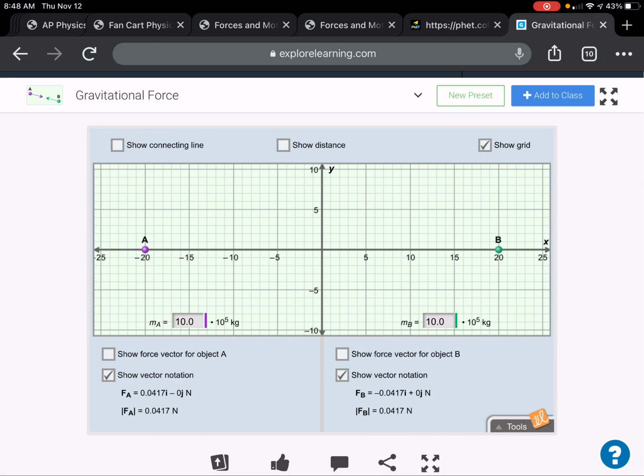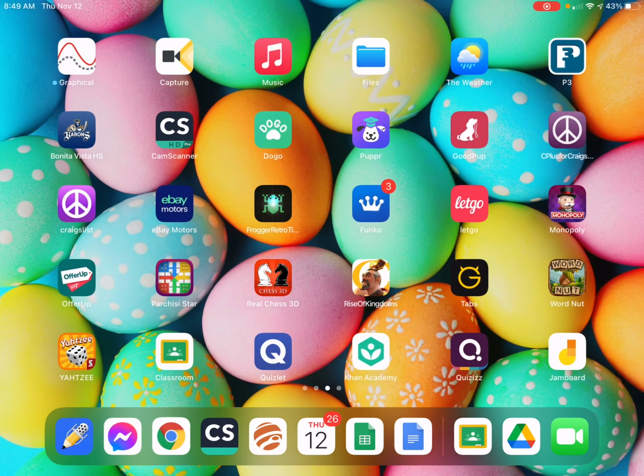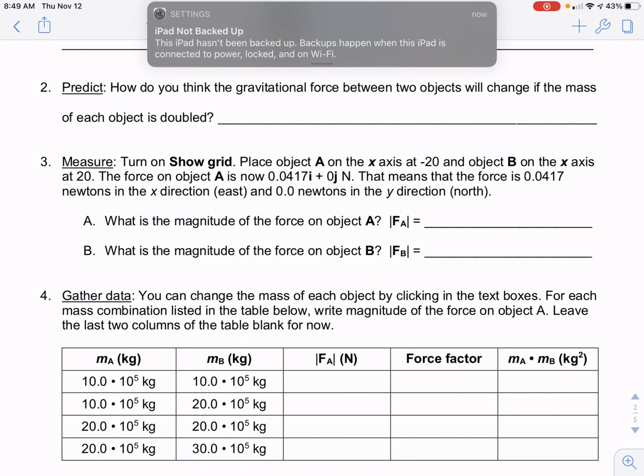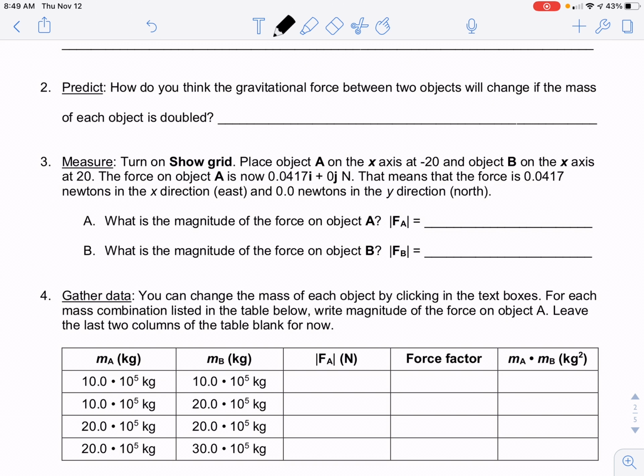Now that we have the vector notation turned on, we can see that it is written kind of funny down below. So let's take a look at what this notation actually means. This notation will help you not only with your data, but will help you make some calculations along the way too. So let's make sense of this. If you read along with me, it says the force on object A is now 0.0417 i plus 0j newtons.